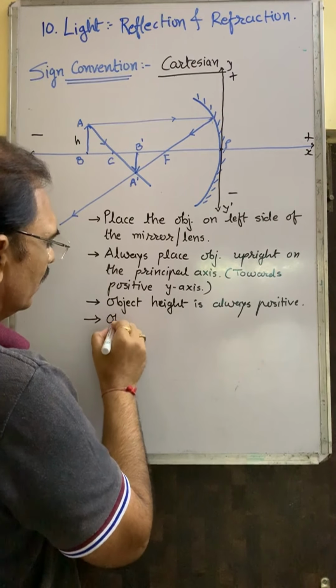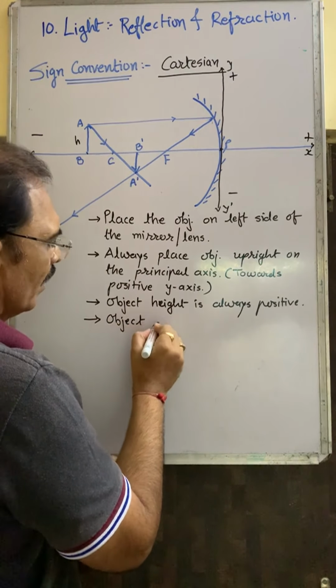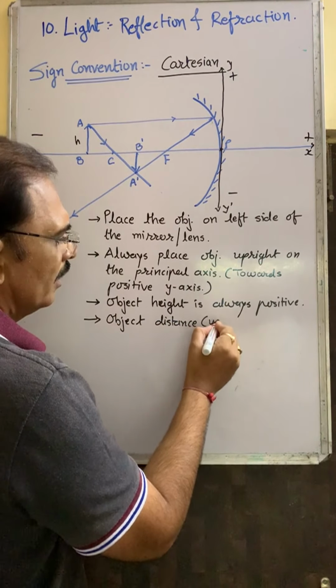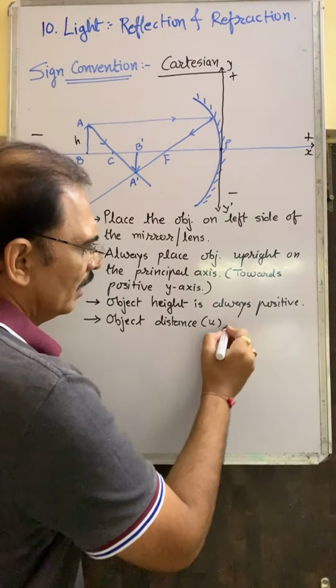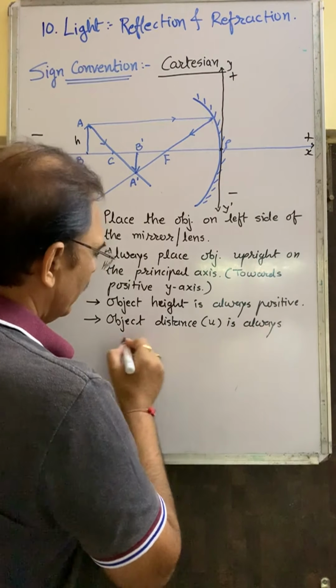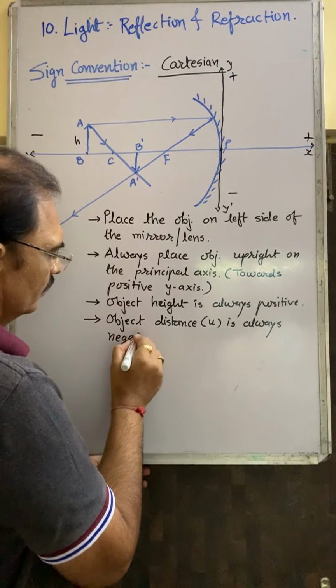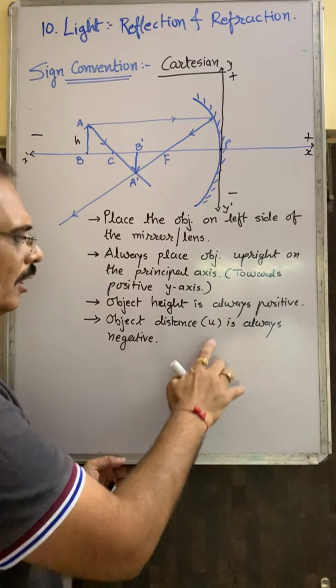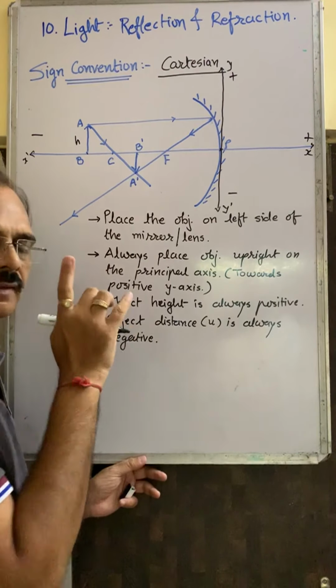So you can say that object distance, which is denoted as small u, is always negative. The value of u is always negative.